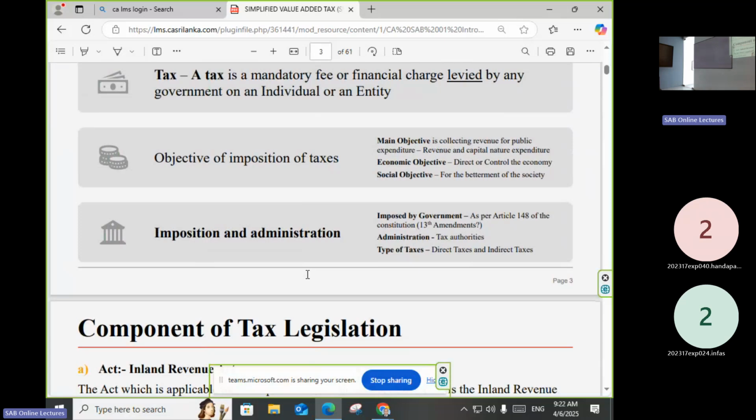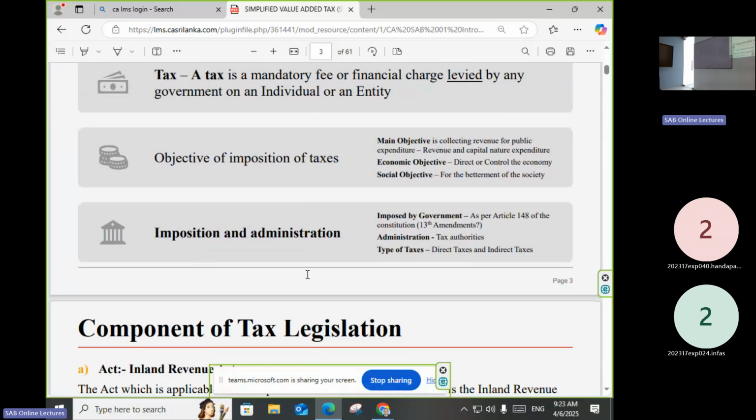PAYE and withholding tax and personal income tax are all coming under income tax. It is income tax; the form of collection is different. It could be coming under PAYE, or it could be coming under withholding tax or AIT. That's the payment mode. It's not a separate tax.